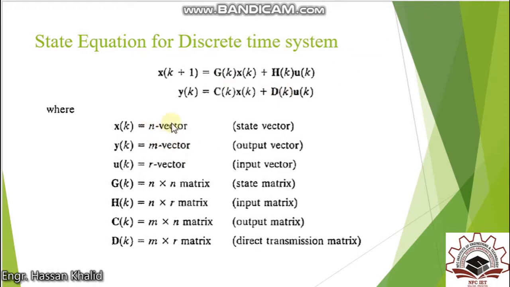Similarly, we can define the variables here: x of k is the state vector as previously discussed, y of k is the output vector, u of k is the input vector, G of k is the state matrix, H of k is the input matrix, C of k is the output matrix, and lastly D of k is the direct transition matrix.